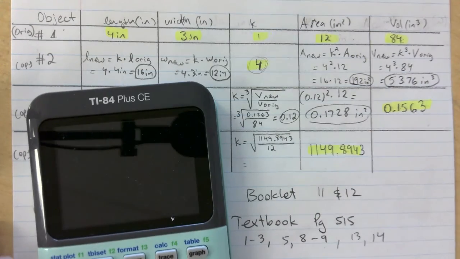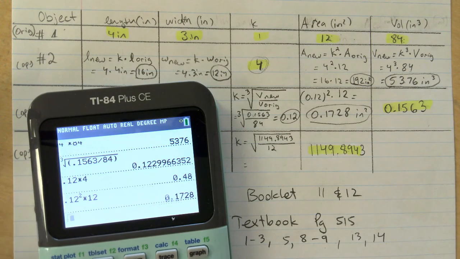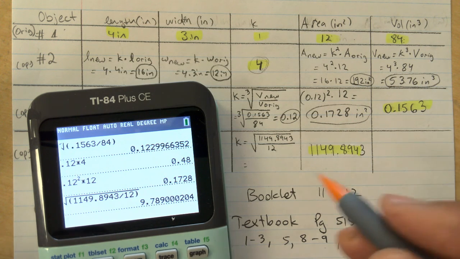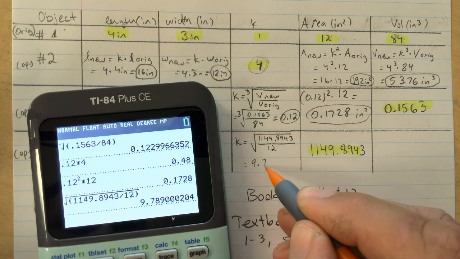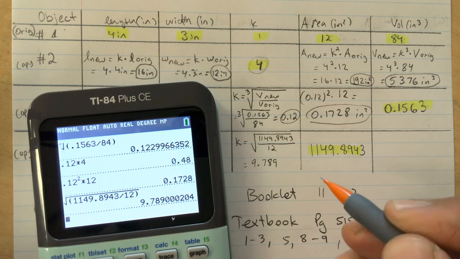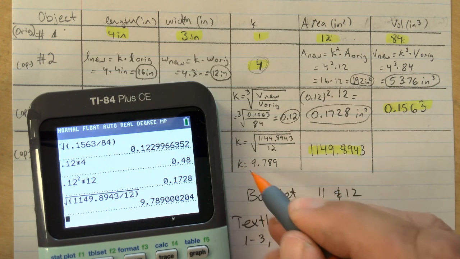So we'll get the square root of 49.8943 divided by 12. And that gives you a scale factor of 9.789. I'll just write it all down. Okay, so that's the scale factor.